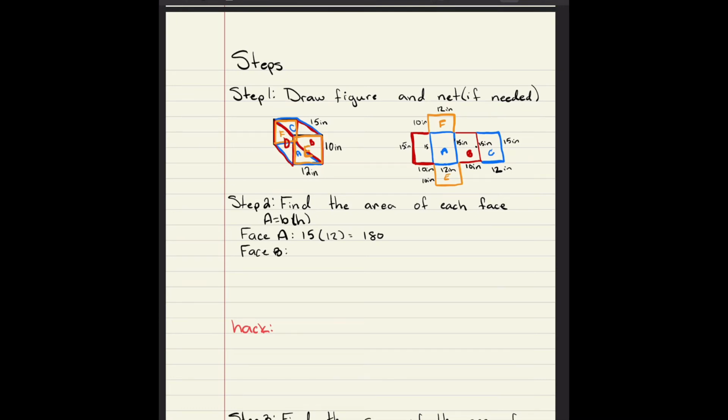Face B was 10 times 15, which gave us 150. Face C was 15 by 12. When we multiply those, we got 180 again. Face D was 10 by 15 again. So we got 150 again when we multiplied those.